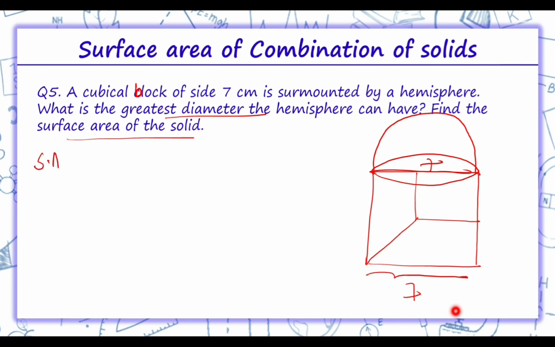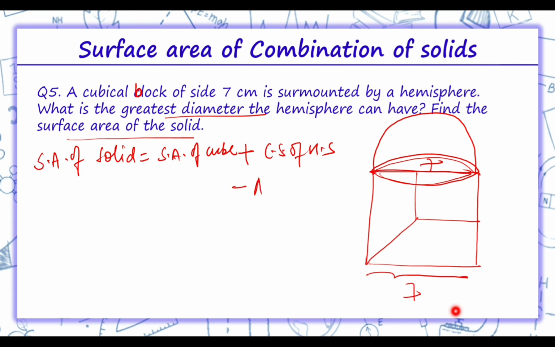So when we have to calculate surface area of solid, over here it will be surface area of cube plus curved surface area of hemisphere. But since this part is coming 2 times, so we'll subtract area of base of hemisphere. Surface area of cube is 6a square plus hemisphere's surface area 2 pi r square minus base surface area pi r square.